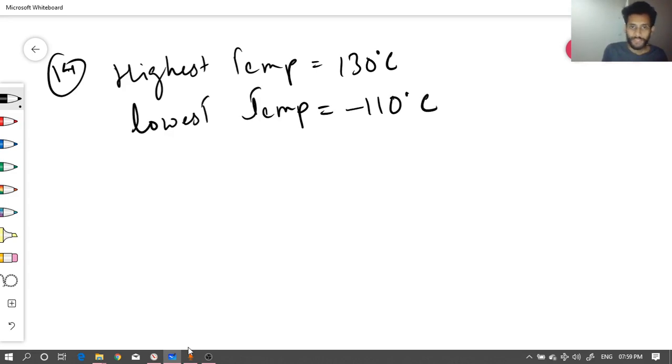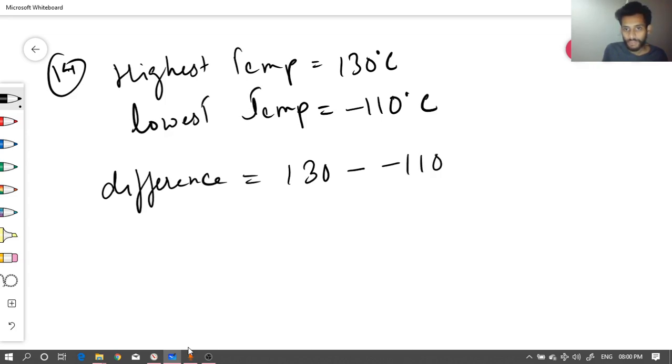Okay, so after that difference is equal to always the bigger one minus the smaller one. The bigger one is obviously the highest temperature, so 130 degree minus minus 110. Okay, so it will be 130 plus 110.